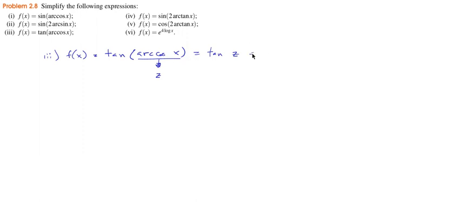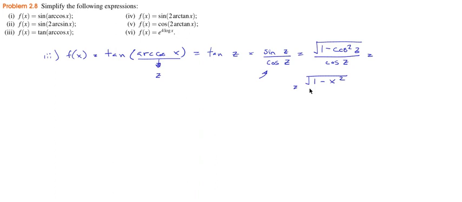The tangent is just the sine of z divided by the cosine. In the denominator we already have a cosine. In the numerator we have again the square root of 1 minus the cosine squared of z, as we have been doing over and over. And so this is just the square root of 1 minus x squared, over x, the cosine of the arc cosine of x, just like before.